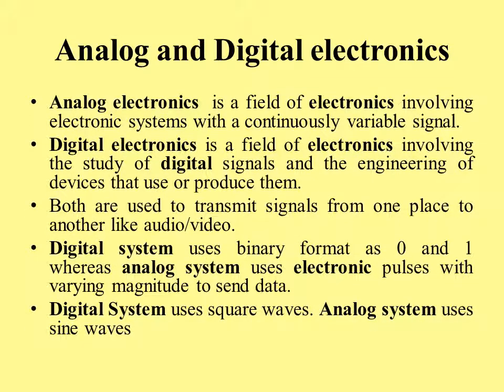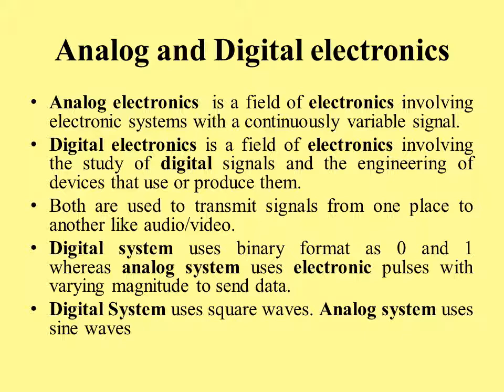Now, what are analog and digital electronics? Analog electronics is a field of electronics involving electronic systems with a continuously variable signal. If a signal is continuously changing, the study of that electronic system in which these signals are used comes in the category of analog electronics.